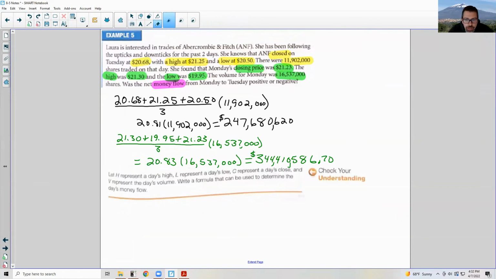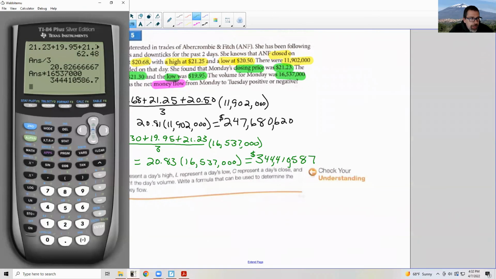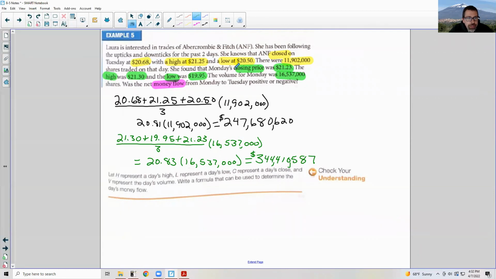Okay, I'm going to make one slight change here. I'm not going to do pennies. I'm going to round this to dollars. Now, my answer is different than the book because the book probably rounded to $20.83. I don't do that. I don't round until the very end. It's more accurate. And the data is working backwards in time.